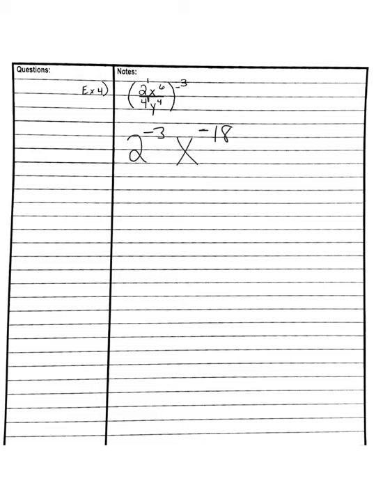Let's look at our denominator. We're going to have 4 to the negative third power. And 4 times negative 3 is going to be y to the negative 12. And what we notice here is we've got a lot of negative exponents. Everything's going to move. This goes to the bottom. This goes to the bottom because we want positive.